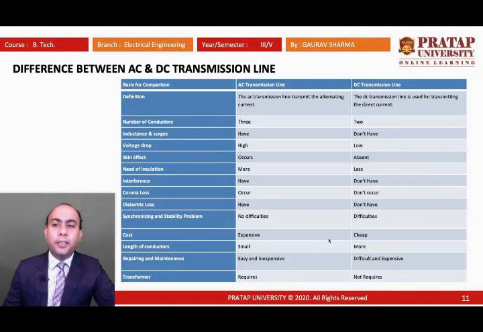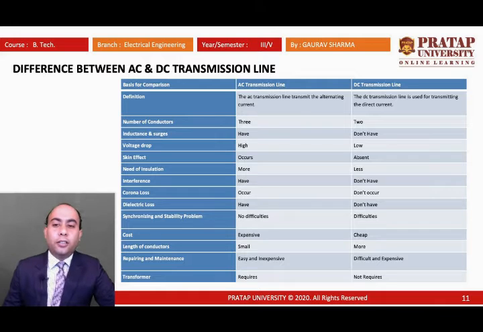Now, as per the choice of current, whether it is AC or DC, we have many differences. When we see the differences on the screen, the AC transmission line transmits alternating current, and the DC transmission line is used for transmitting direct current.